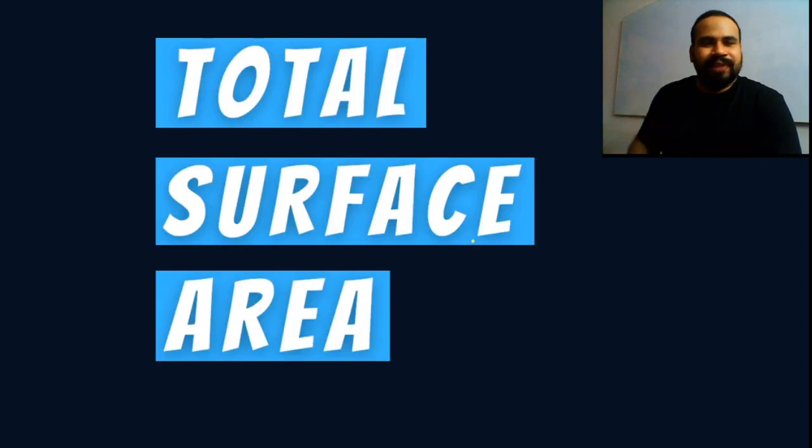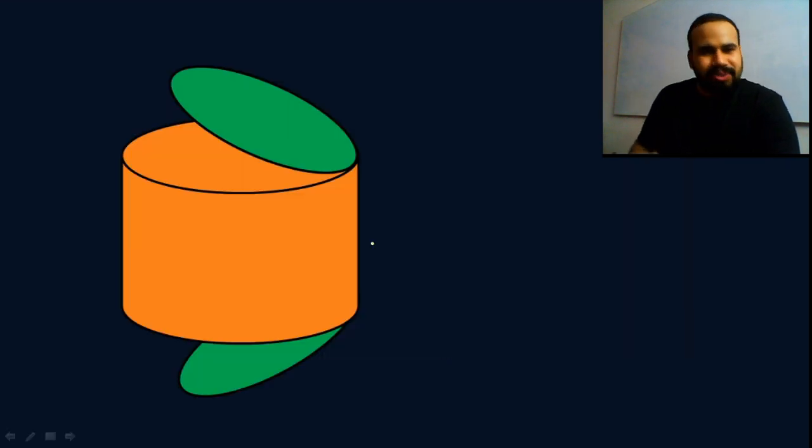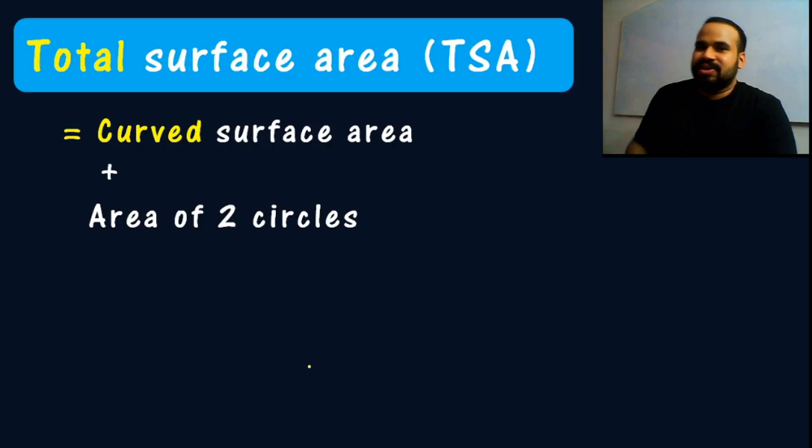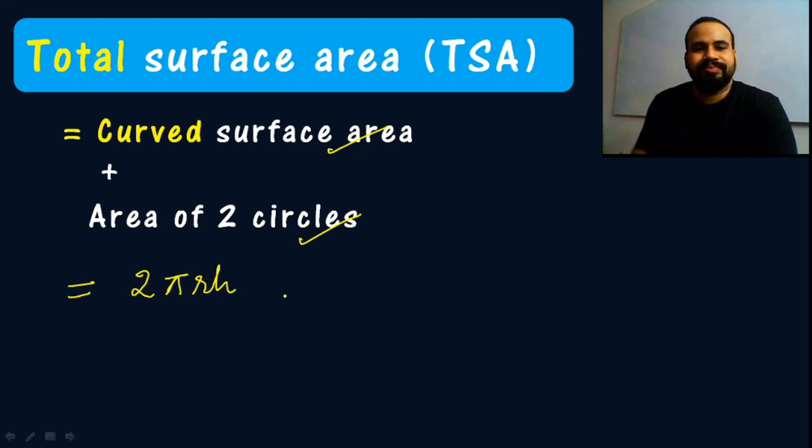Now we shall try to find out the total surface area of the cylinder. The total surface area is the area of the curved surface plus the area of the top circle and the area of the bottom circle. So the total surface area will be curved surface area plus area of two circles. We know that the curved surface area is 2 pi rh.